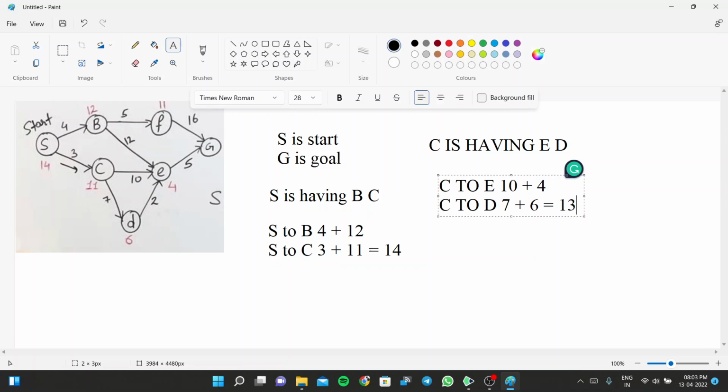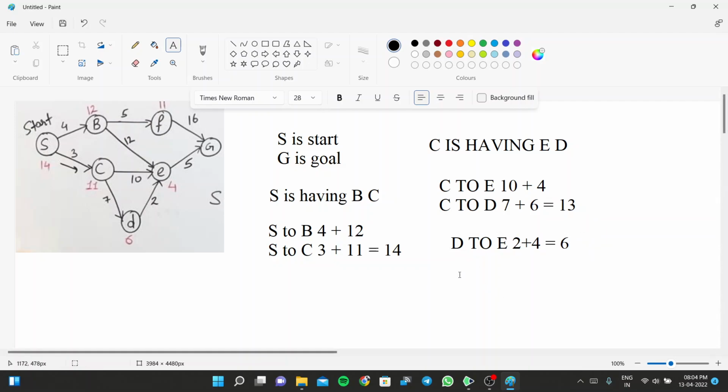This gives me the lesser value, so I will continue from there. Now D has E. From D to E it is 2 plus 4, that is 6. And from E we have the goal state directly. E to G is 5, plus the heuristic value, which doesn't matter for the goal state.